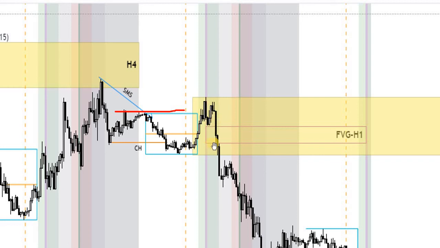Price to mitigate, and then we take out. So this is a very good opportunity for us, most likely this will not be induced as the market has now shifted to a downtrend.